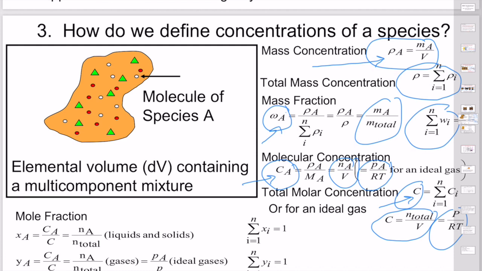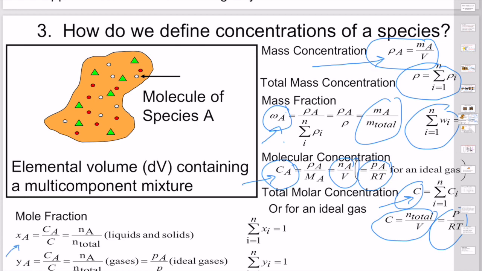So you should feel comfortable with those. Okay, and in terms of the symbols being used here, for mass concentration, I see the rho. For mass fraction, I see the omega. For molar concentration, I see C. Are these symbols things that we should already be familiar with? Yes. This is using the same notation as you have already seen in 2210. Cool. Good to know.